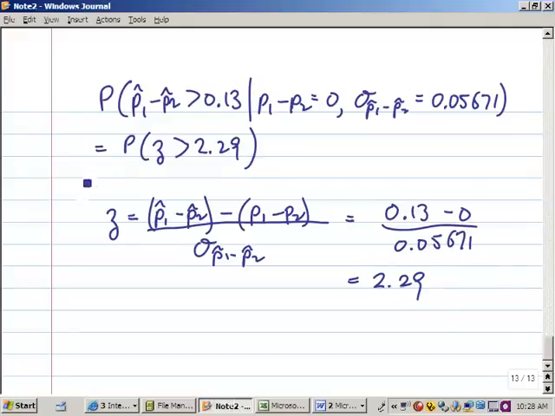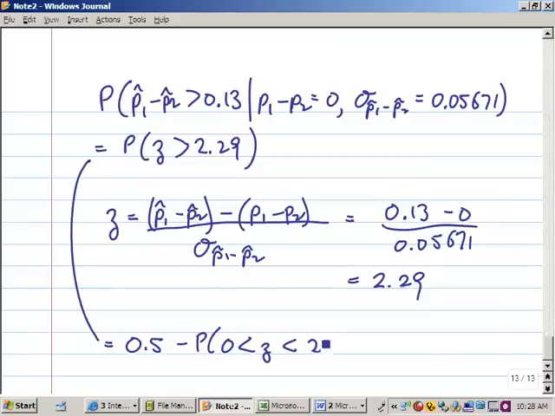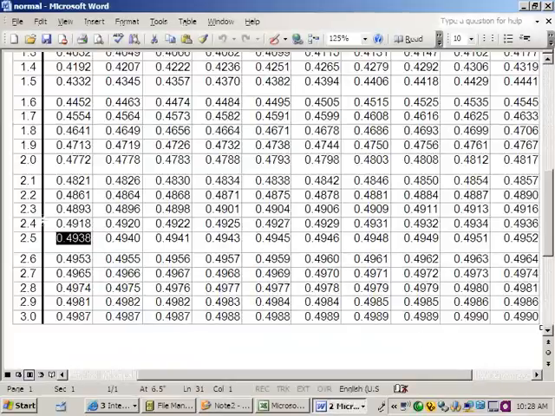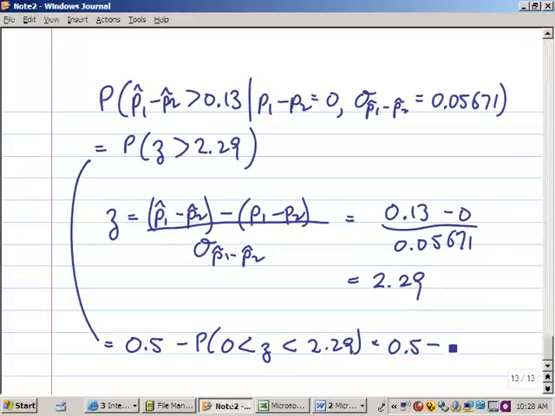Again, it's an area in the tail, so it's half minus the value from the table from 0 to 2.29. 2.29 will be that value over here, 0.4890. And the answer to that, doing it quickly in my head, is 0.0110. Just a little bit greater than 1%.